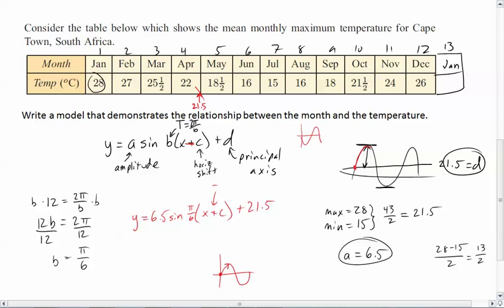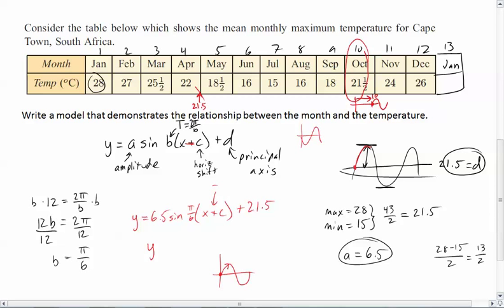And so we'll go over, let's see, where's the next place where I get 21.5? Oh, there it is, 21.5 right there. So that shows that I am at the principal axis going up when x equals 10. Now that means that my graph has really just been shifted to the right 10 spaces. And so for this, I'm going to make it shift right.